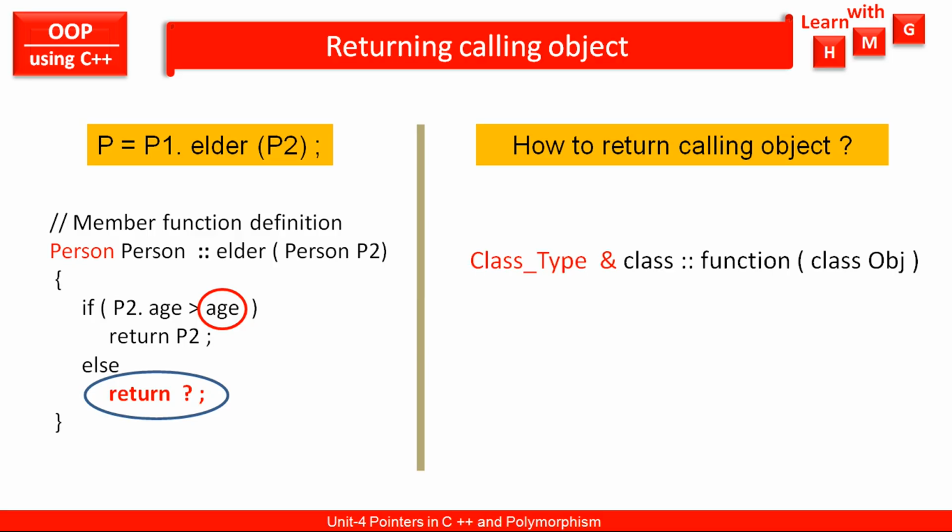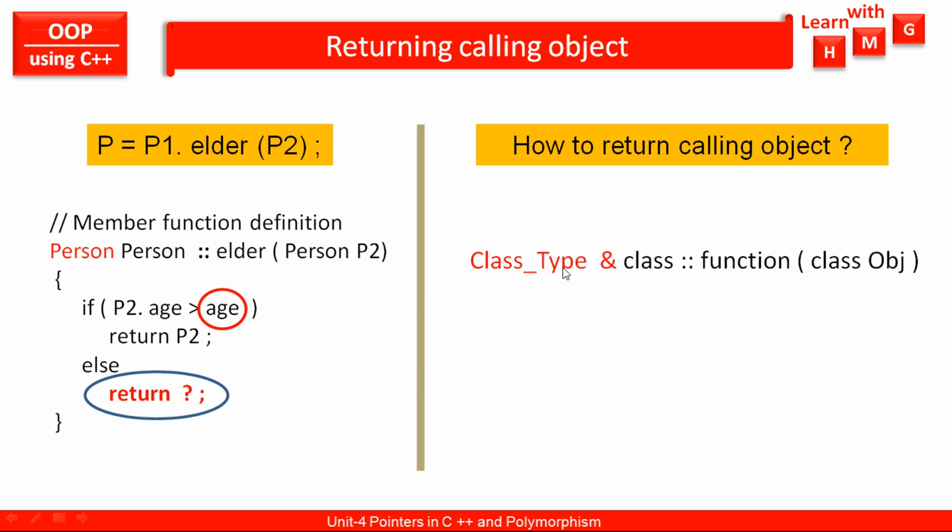So here the syntax will be like this. You have to modify your member function like this. This function will accept the argument object, so you have to pass one object of the type class. This function belongs to this class, so there is the scope resolution operator and class name.